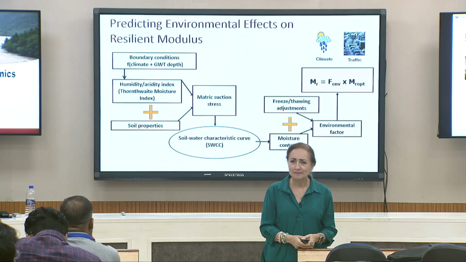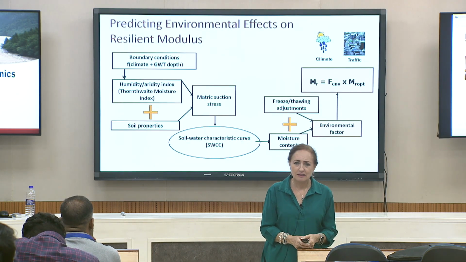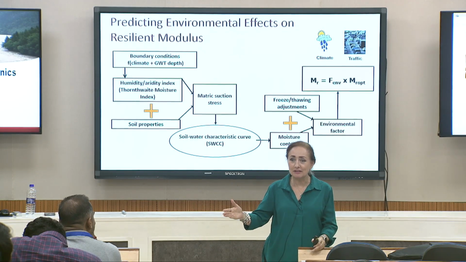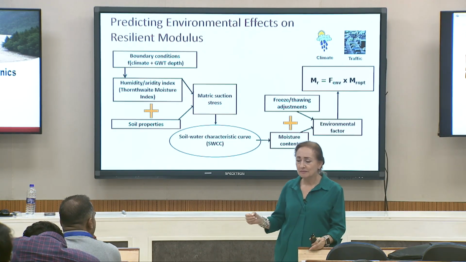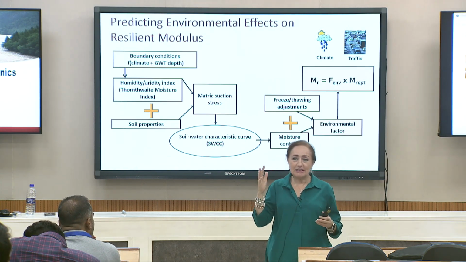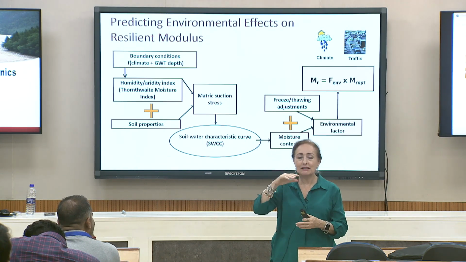Like we are doing the test at different sequences, different confining pressures and stresses. So at what confining pressure should I take the result? Well, at the stress condition that you're going to have in the field, based on the pavement thickness. Exactly.